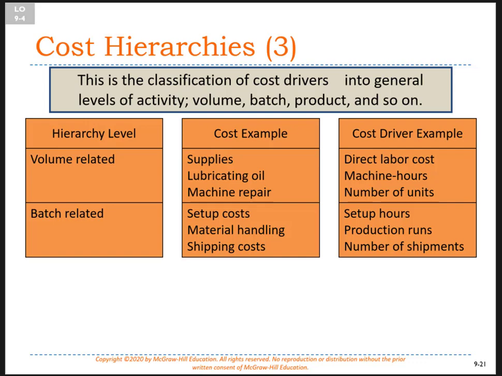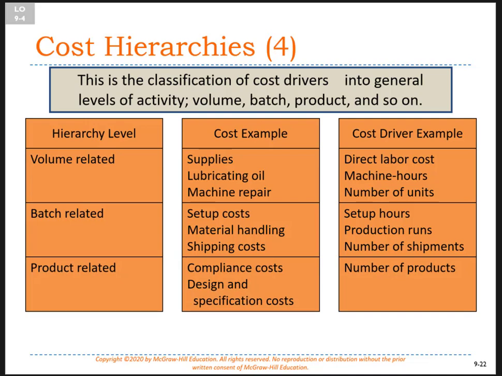It may be number of shipments, although that's a little harder to think about. Shipping costs could be either volume related, if each individual item is shipped, or if it's shipped in a container based on an entire production run, then the shipping cost would be based on production runs. Okay, so you have to understand your process. You can't do any of these without at least talking to the people who are working on it on a day-to-day basis. Okay?